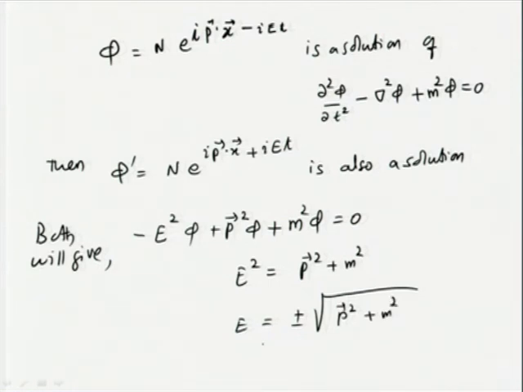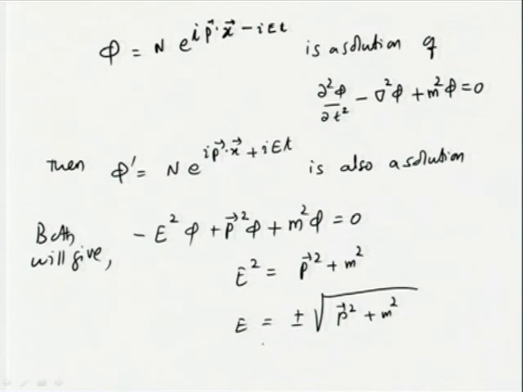Now we can see that more clearly: whether I take plus E or minus E, the equation should give the same result. Put another way, the expression with plus E is a solution to the Klein-Gordon equation, and the expression with minus E is also a solution.